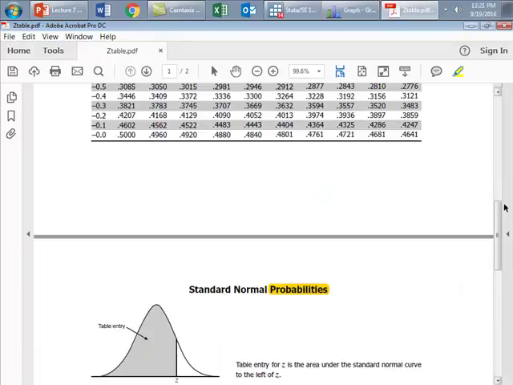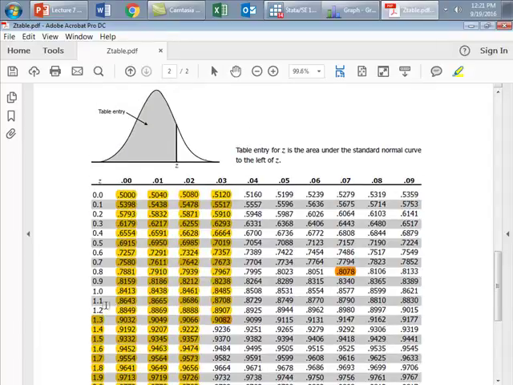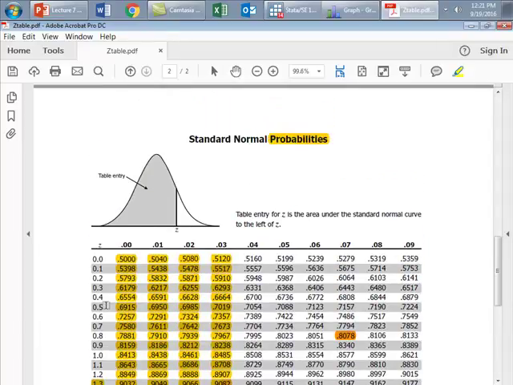I wanted a z-score of 1.33, right? So the way that this is arranged is this first column here gives me the first two of those digits. So it gives me the 1.3.